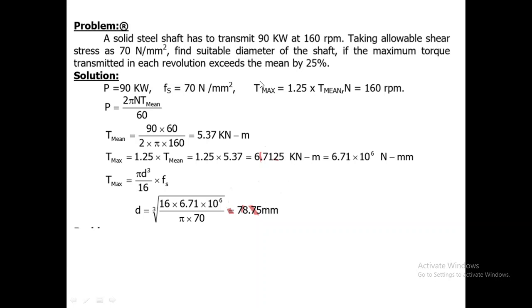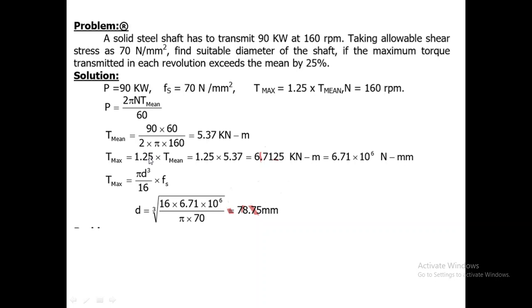So the maximum torque will be 1.25 times the mean torque. First you calculate the mean torque, and then we calculate the maximum torque by multiplying it by 1.25.